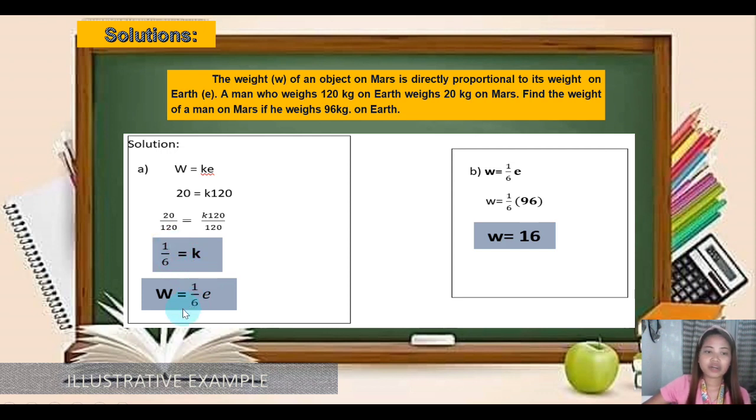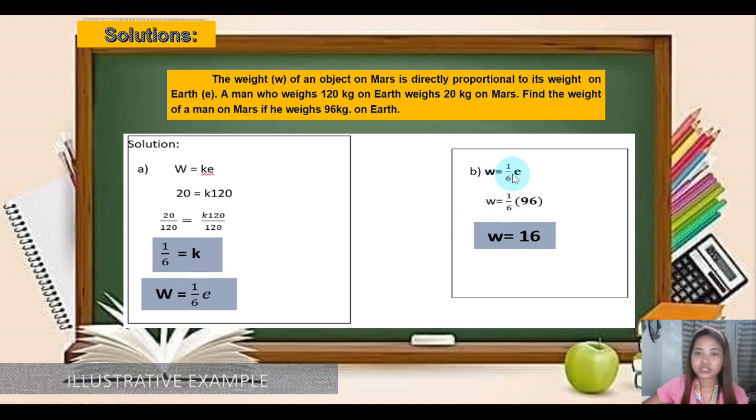Then for our equation of variation, just substitute the values into the given equation. So it will become W is equal to 1 over 6 E. Then, the last question is find the weight of a man on Mars if he weighs 96 kg on Earth. So let us use this equation to get the weight of a man on Mars.